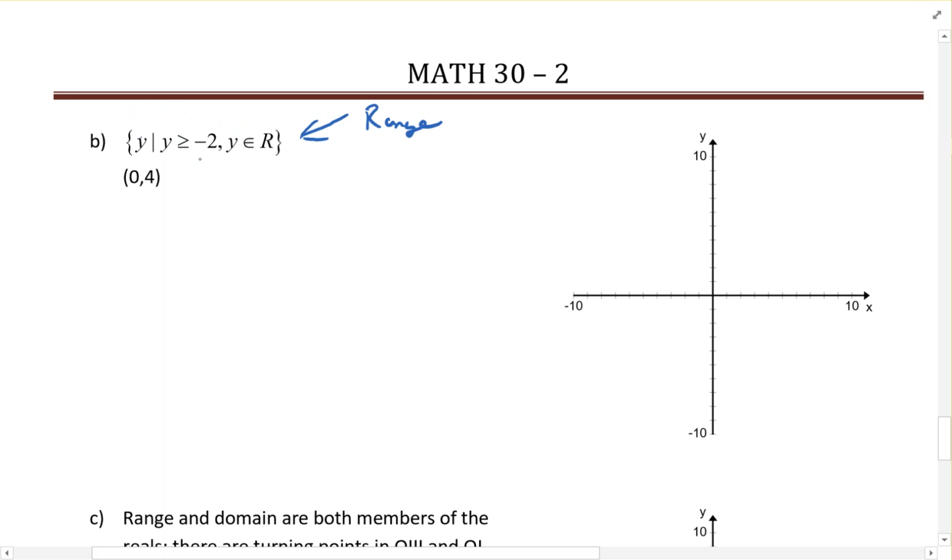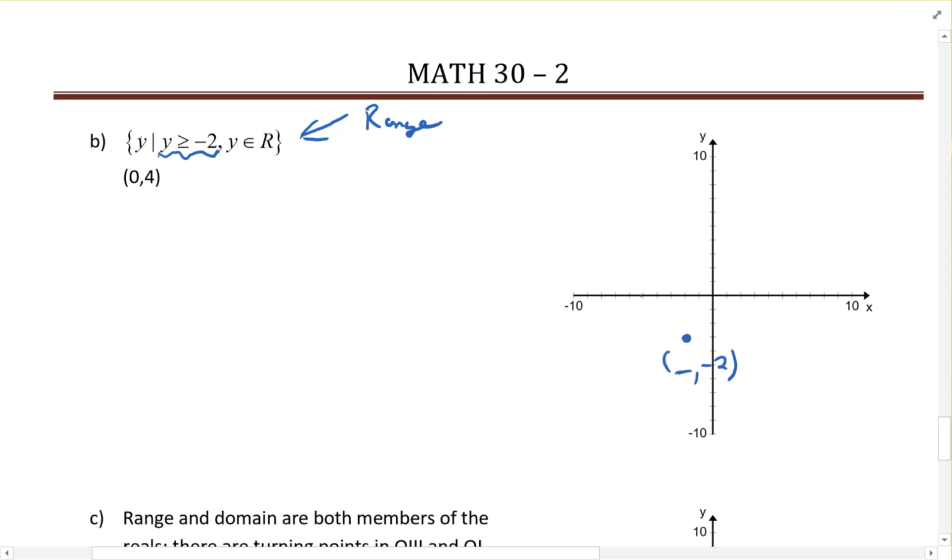The most important bit, though, you can almost ignore all of it other than this. That's the one that matters to us. That is where your vertex is. So if you're wondering where your vertex is, I know it's at -2 and then something. Let's say it's there, that's my vertex. I don't know the x value yet, but I know the y value is going to be -2 because y has got to be greater than that.